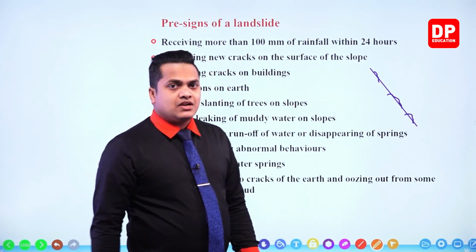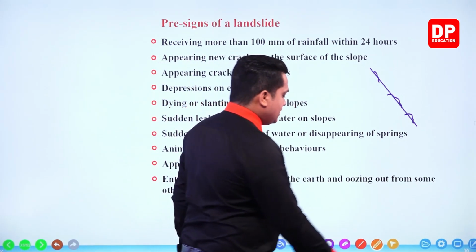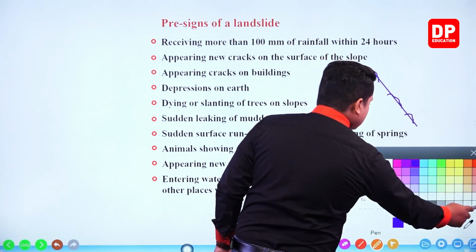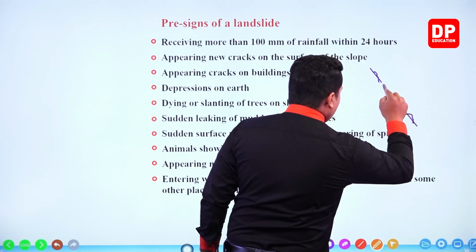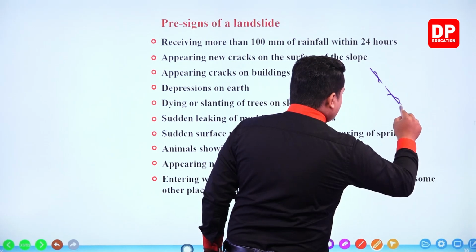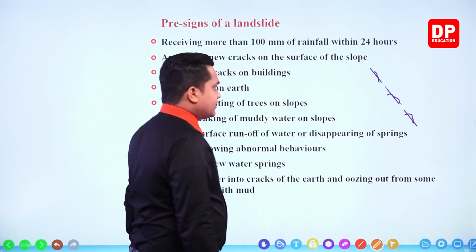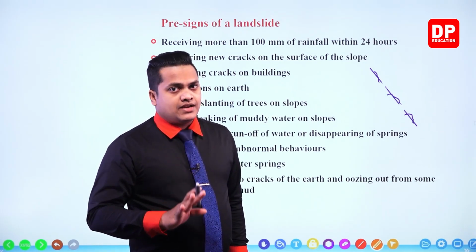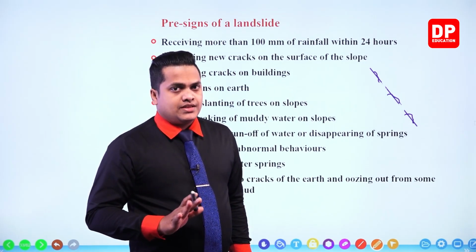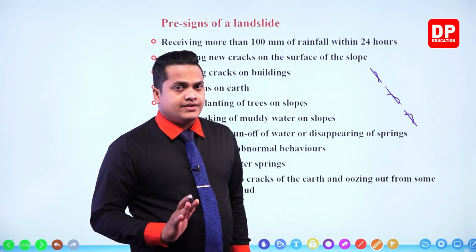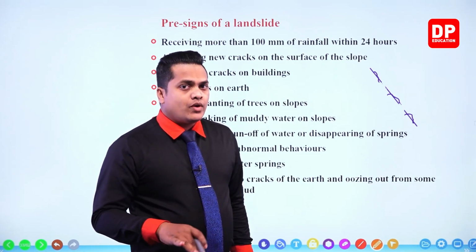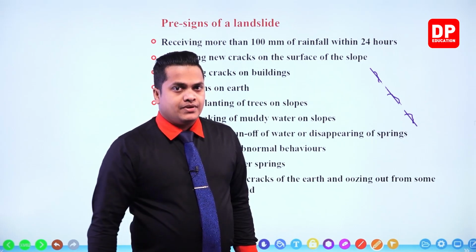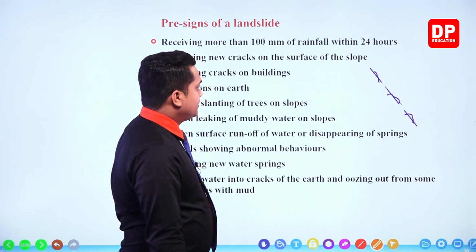If new cracks appear like this within a certain cliff or a certain mountain, then, my dear children, there can be a landslide. In that case there can be a landslide, if new cracks appear within the cliff.